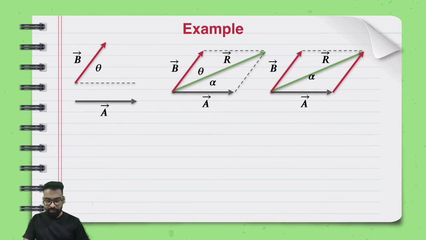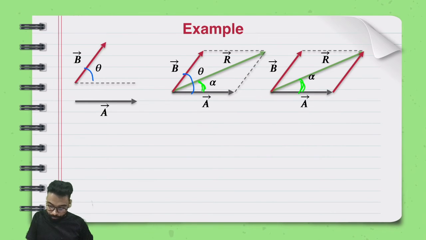Now this is something that we just saw a little while back: if we have this angle as theta, with B making an angle theta with the horizontal, this full angle is theta, and you get this angle as alpha, the resultant making with respect to vector A. So now what is the next thing that you can say? This is actually a variation, basically the triangle law put in a different way.